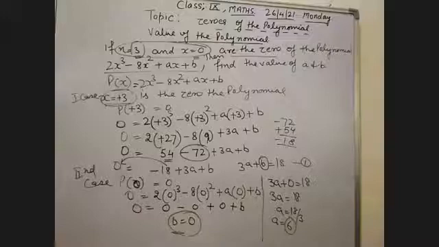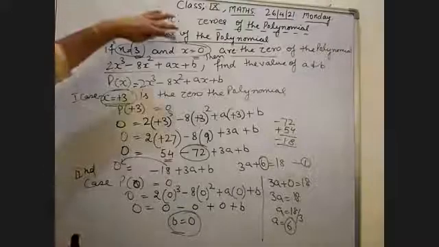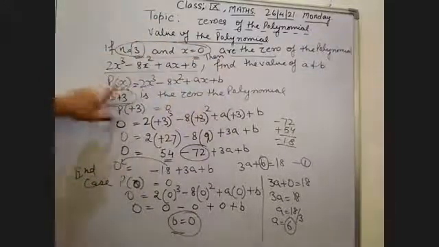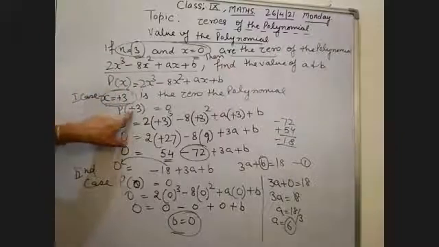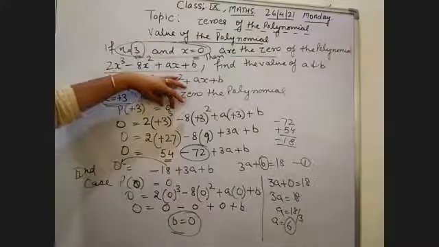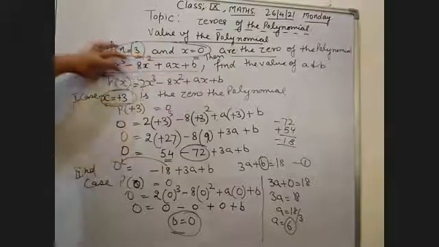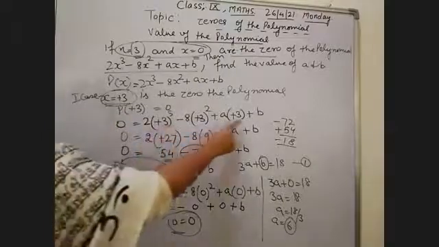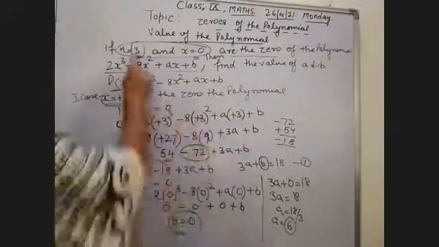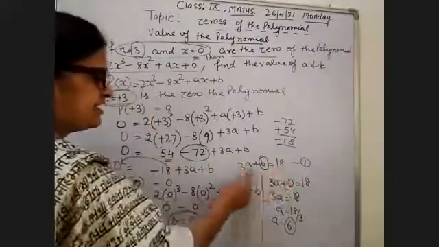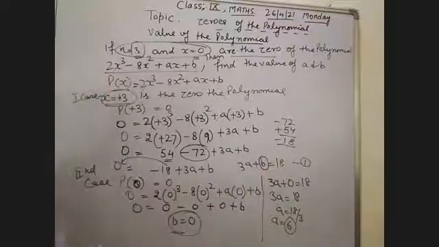Last question. Yes, student, x equal to 3 is the 0 of the polynomial. Then in place of the x variable, I put here plus 3, and it is the 0 of the polynomial, so it is equal to 0. So in place of px, it is equal to 0. And by putting the value 3 at every place, we get the equation 3a plus b equal to 18.